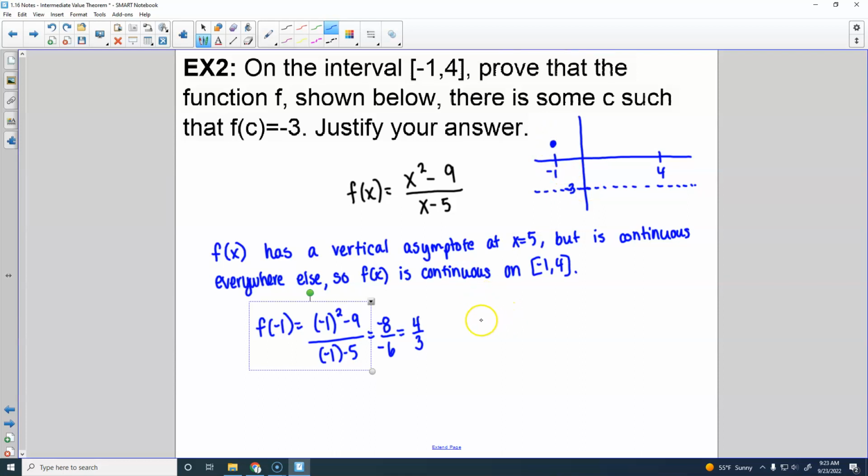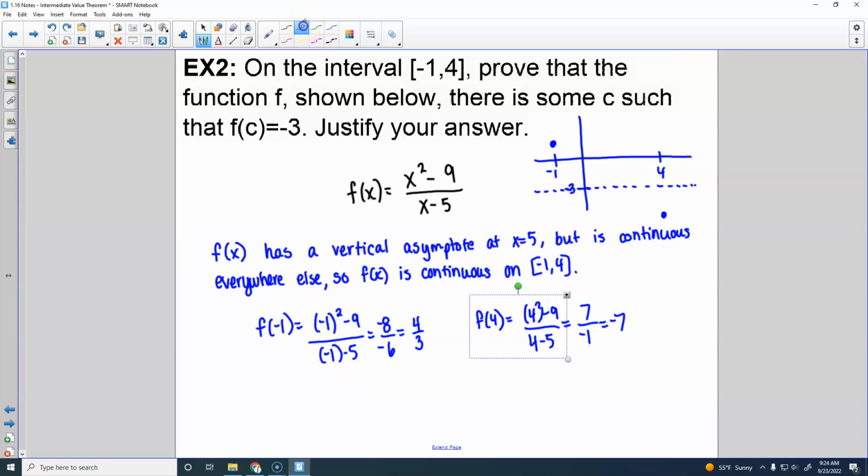We also need to know the other endpoint. So we'll have 4 squared minus 9 over 4 minus 5. That will give us 16 minus 9, which is 7 over -1. So we get -7. So -7 is over here.